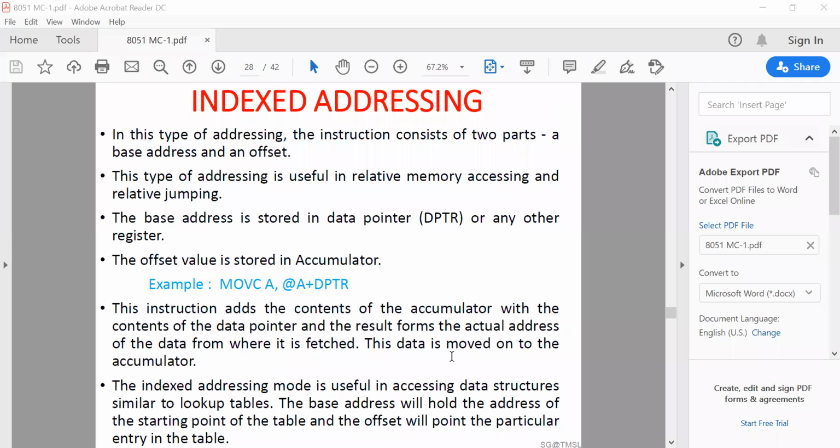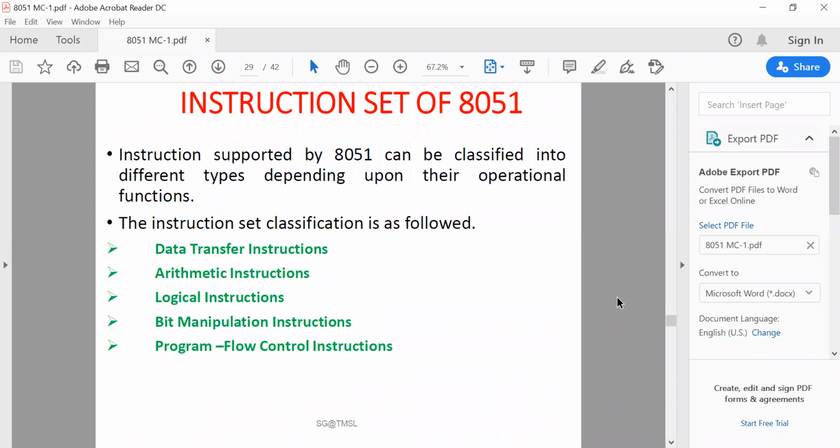Okay, so proceed to the next section, which is the instruction set of the 8051 microcontroller. Basically, there are 5 types of instruction sets available. Very strong, powerful instruction sets are available to perform specific functions.